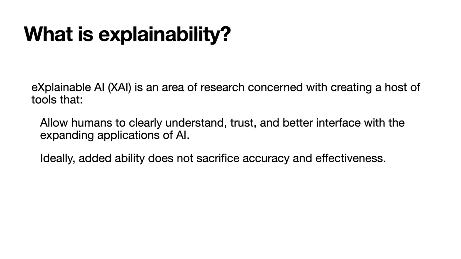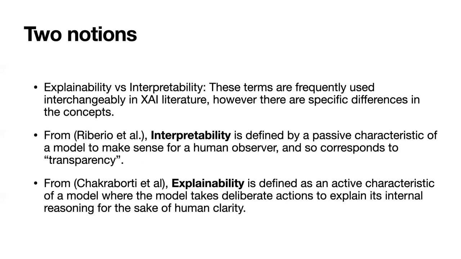And again, this is primarily motivated by machine learning, although it is a fairly broad area encompassing many different aspects of AI. And what we want to keep in mind is that the added ability does not sacrifice accuracy or effectiveness, okay? So we have a method in mind, and this could be a method for planning or for machine learning. And we want to ideally have this case that, by including or enabling explainability, we don't really lose out on its effectiveness or accuracy.